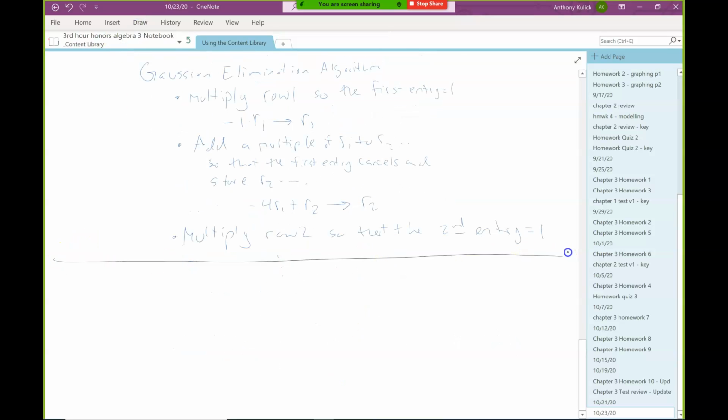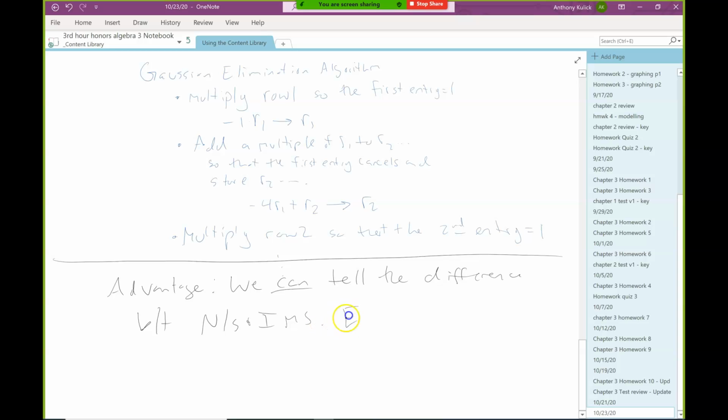Here's the takeaway, though. Using Gaussian elimination, we can tell the difference between no solution and infinitely many solutions.